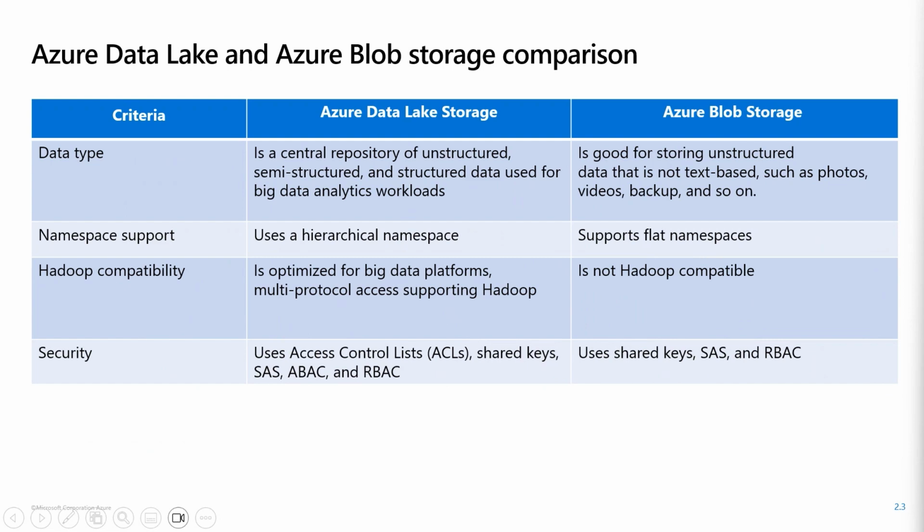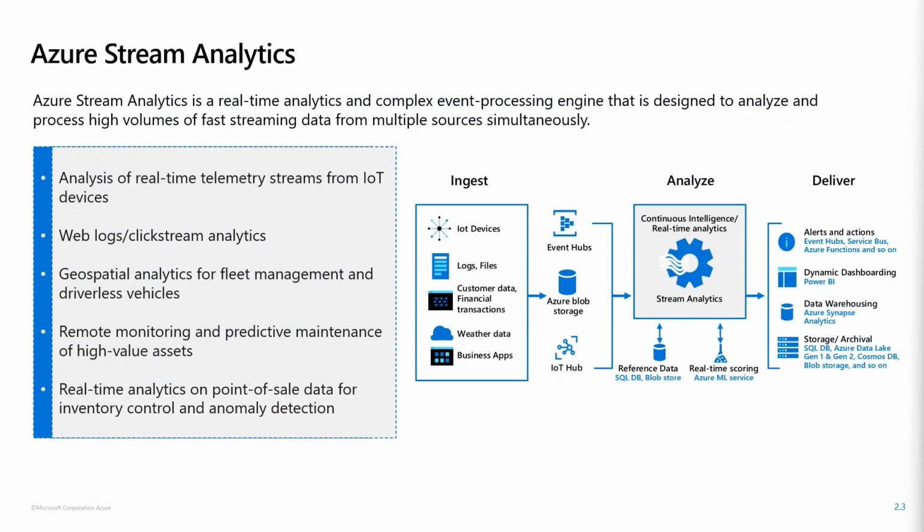So let's transition over and see what Stream Analytics can give us here. This is one example of data integration. Data streams are continuously generated from applications, IoT devices, sensors, and so on.